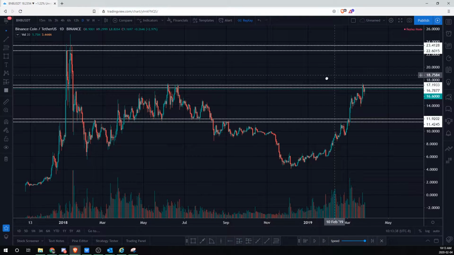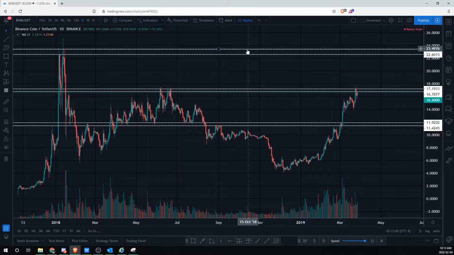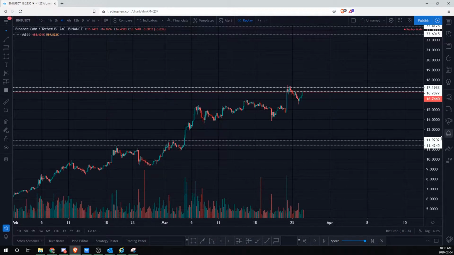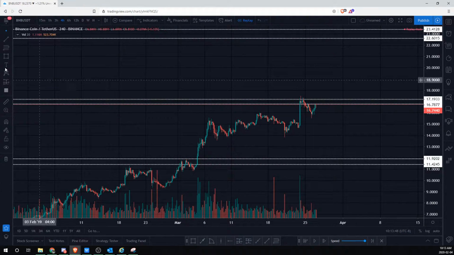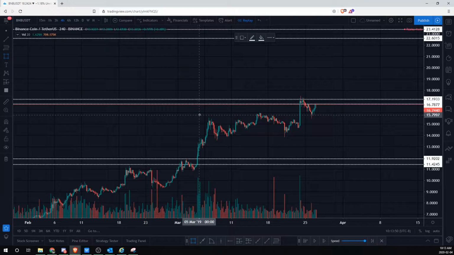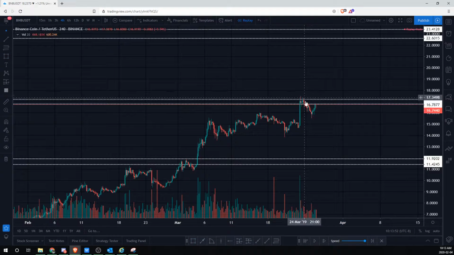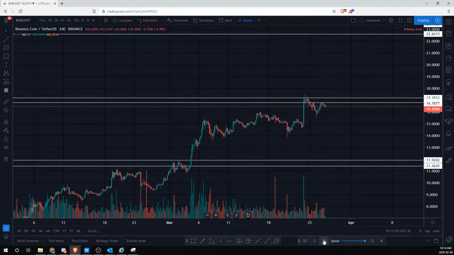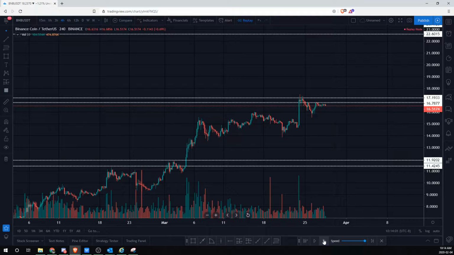So now that we've identified the trend, what we're looking for, what we want to see, and the end result, now we will go onto the 4-hour and look at the more granular details that we're able to find. We see a minor level of support there, but like we said before, we're not really looking to enter until we see the price break above this zone. So just on the 4-hour, let's go candle to candle and see if we're able to get a break above the zone.